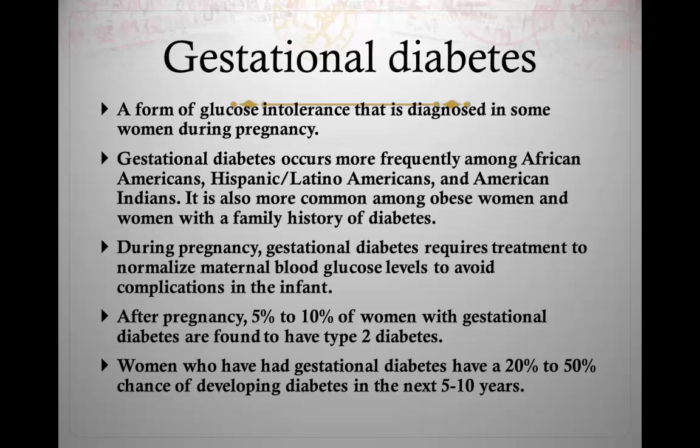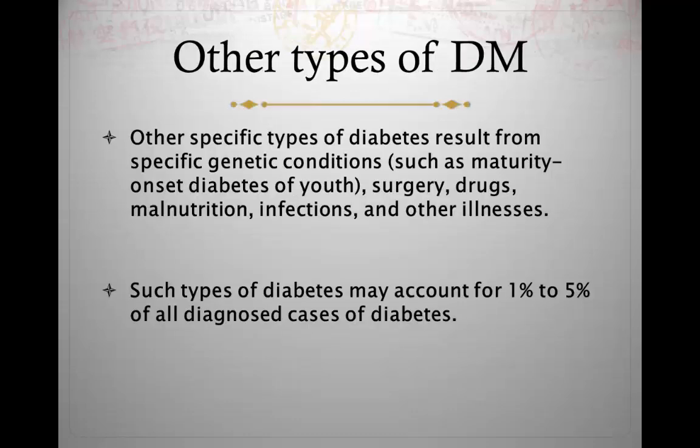This is likely due to pregnancy-related factors such as the lactogen in the placenta that interferes with the susceptibility of insulin receptors. It is very common in African American and Hispanic Latino women, very common in obese women as well, and with family history of diabetes. The rest is statistics.